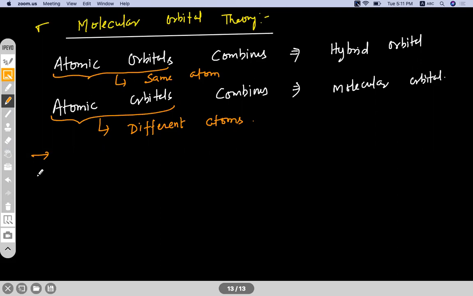So we are talking about the combination of atomic orbitals. There are two different ways of combining atomic orbitals. So write down: molecular orbitals form by two different ways.